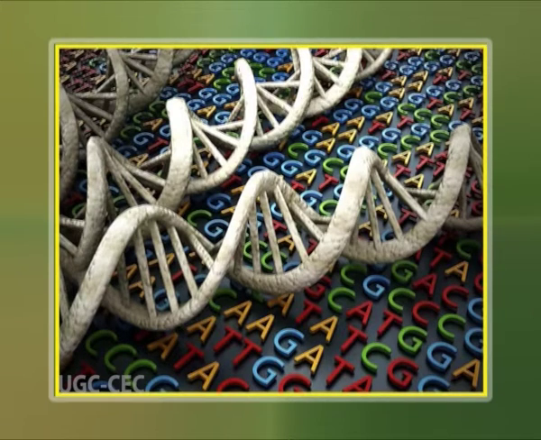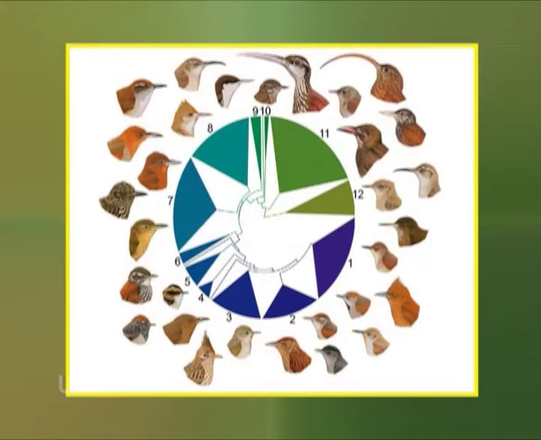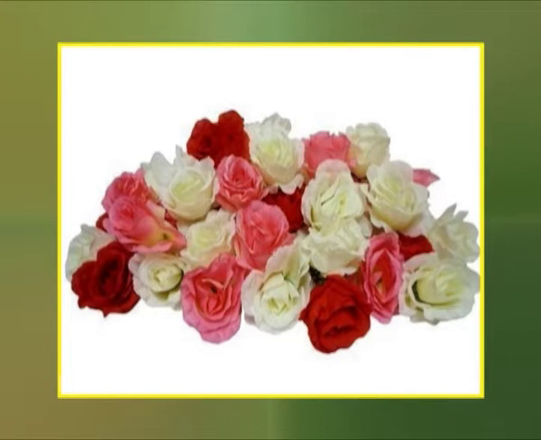Genetic variation among individuals within a population can be identified at a variety of levels. It's possible to identify genetic variation from observations of phenotypic variation in either quantitative traits that vary continuously and are coded for by many genes, for example, leg length in dogs, or discrete traits, those traits that fall into discrete categories and are coded by one or a few genes, for example, white, pink, red petal color in certain flowers.